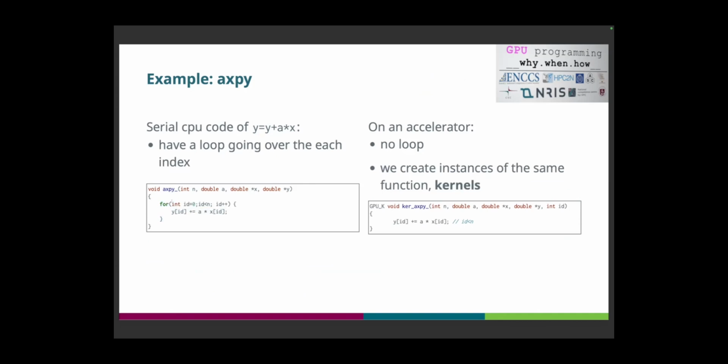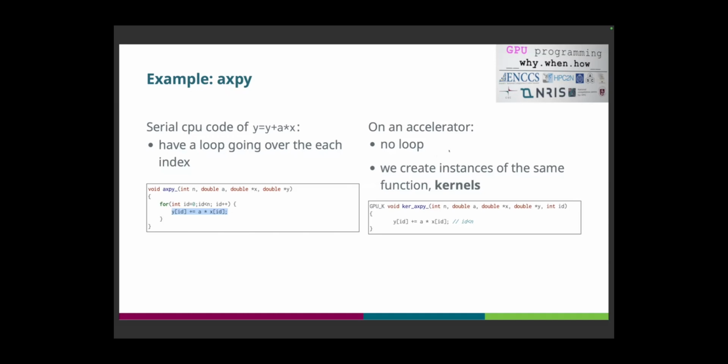And then for each value of ID, we have this kind of operation. We can see, of course, that each of these iterations is independent of each other. We can have any order for this, and the result will be the same. So this can be done in parallel.